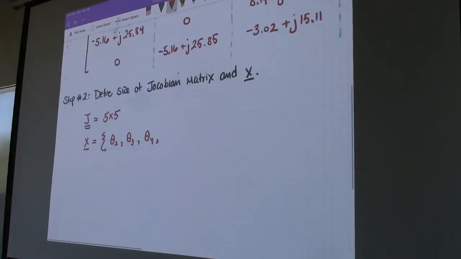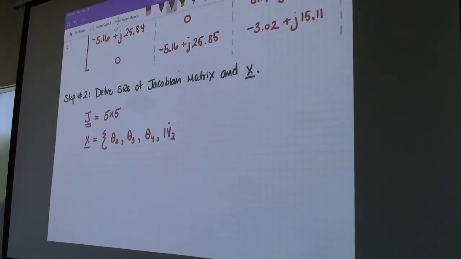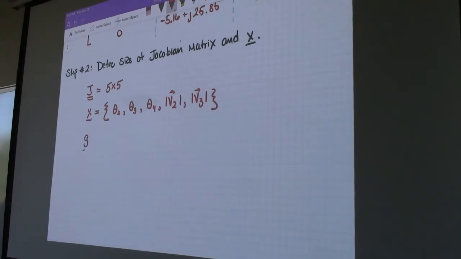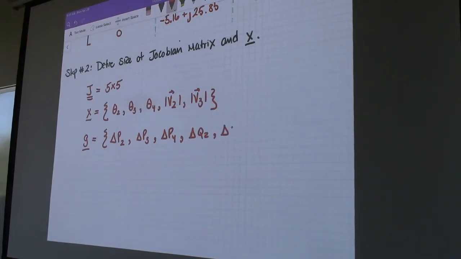So that means we'll have a V2 and a V3. And then if you want to translate that to the G's, you'll see that we'll be worried about the delta P2, the mismatch between the injection and the flow for P2, the delta P3, the delta P4, the delta Q2, and the delta Q3.